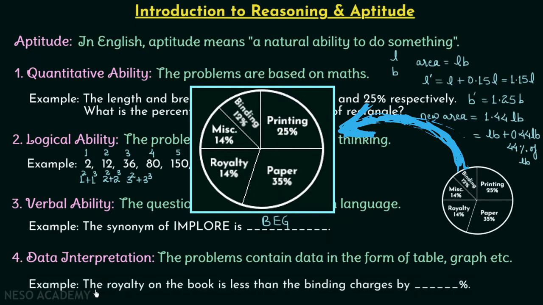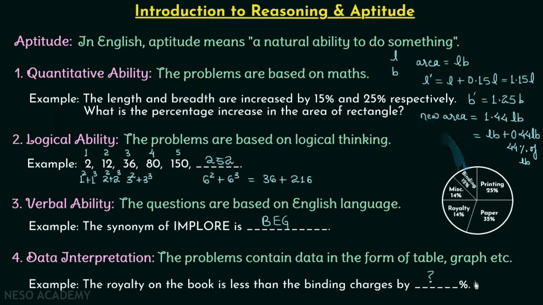And the question is, the royalty on the book is less than the binding charges by how many %? This we are not going to solve now, but if you want, you can give it a try, and once you have your answer, post it in comment section. So we are done with understanding what is reasoning and aptitude and what are the subsections of it.